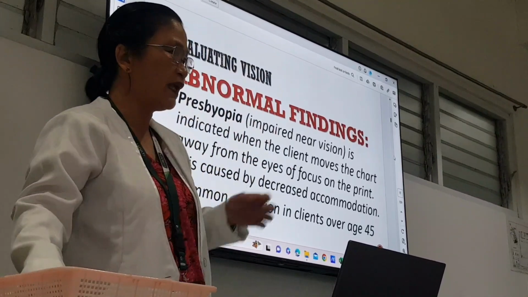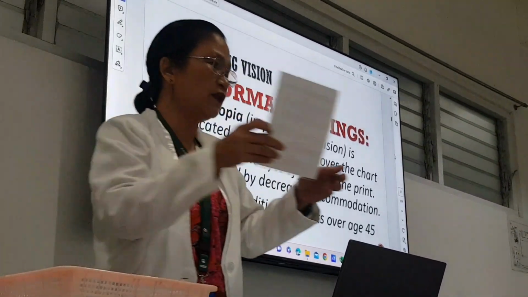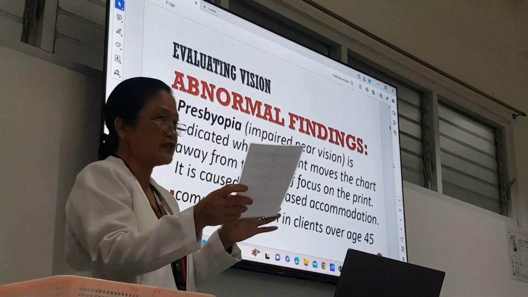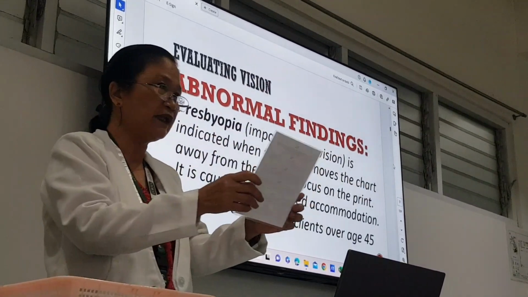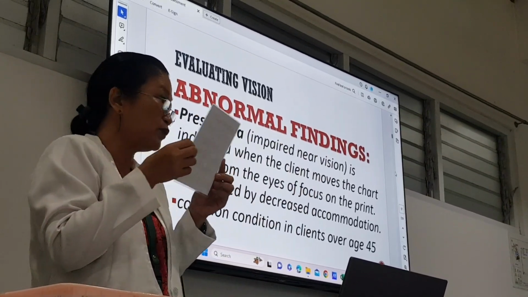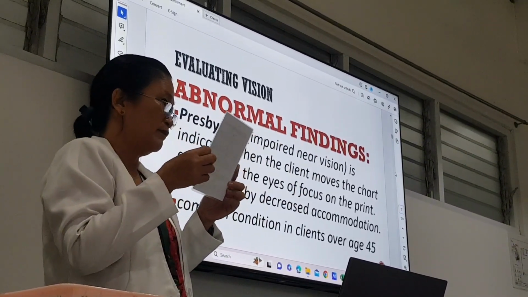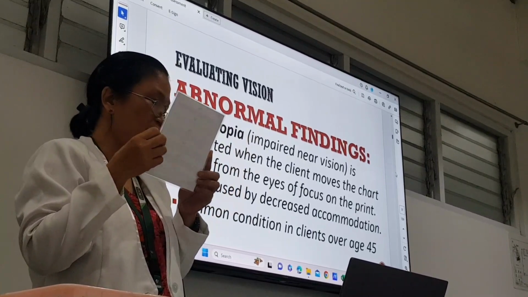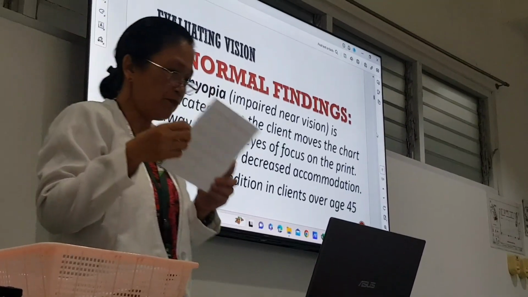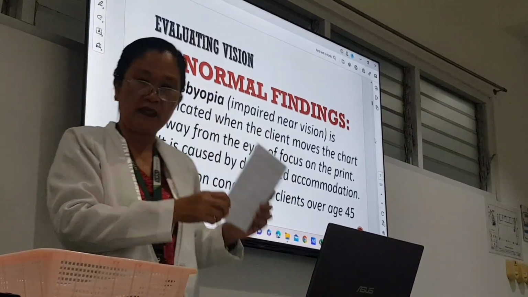Kaya Mr. Gabriel, diretso yung 14 mo, di ba? So, if that 14 inches away from you, if you cannot really read, what are you going to do? Di ba, lalapit mo siya so that you can read. Okay. That is now your presbyopia. Impaired near vision.